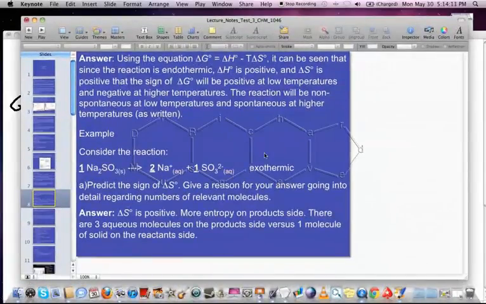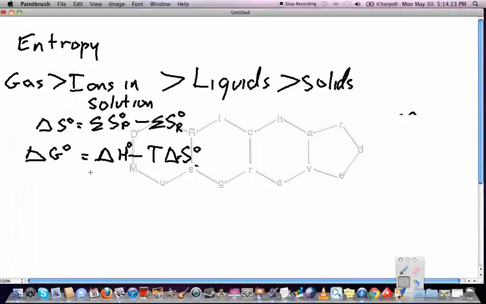Alright, so we figured out that delta S is positive. We also know that delta H is going to be negative, and we know that because we're told that the reaction is exothermic. So again, delta G equals delta H, and the delta H is a negative value, minus a positive value.